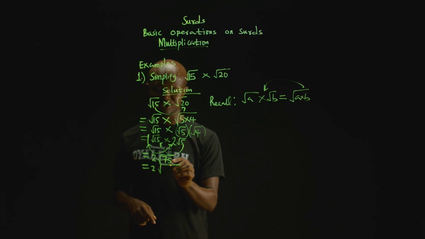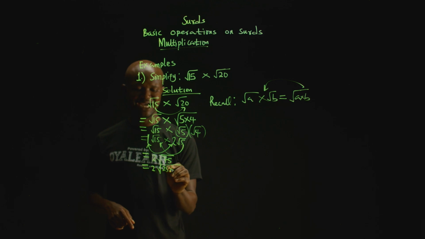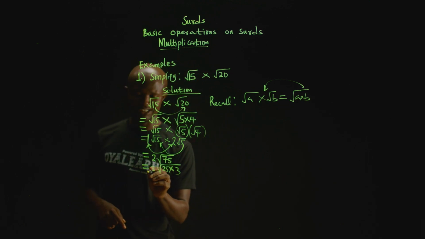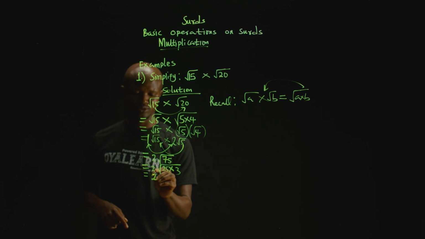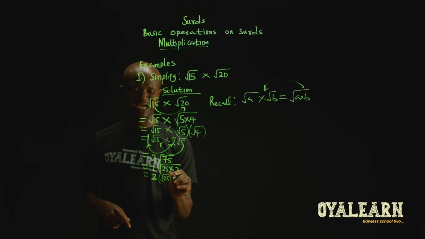So this will give us 25 times 3, which gives us 75. So this is like writing 2 into root 25 times root 3.